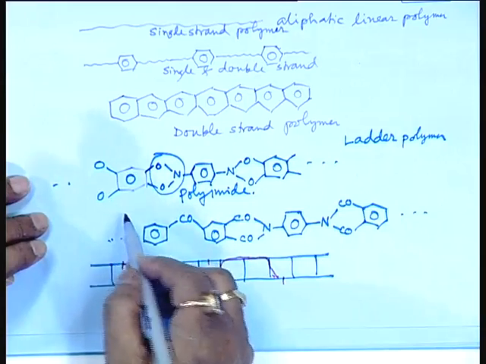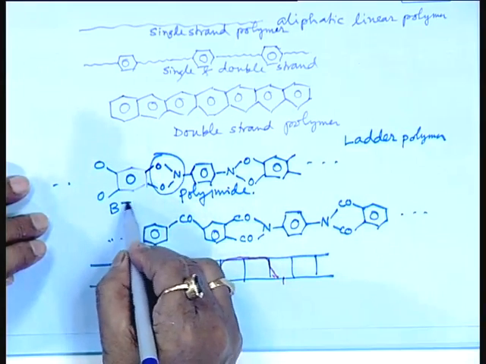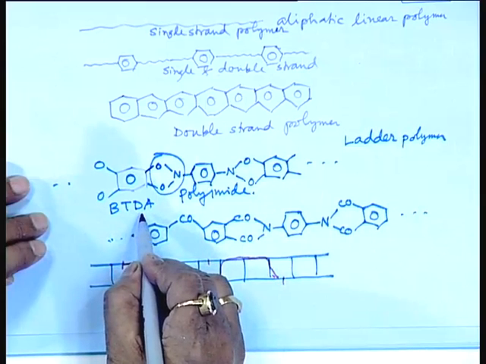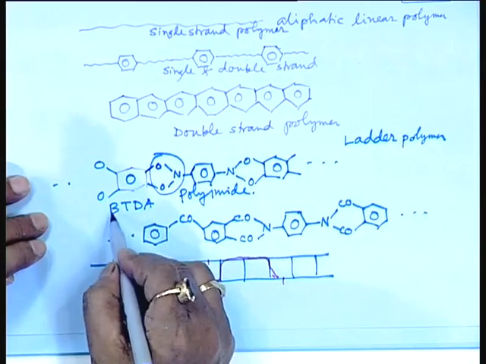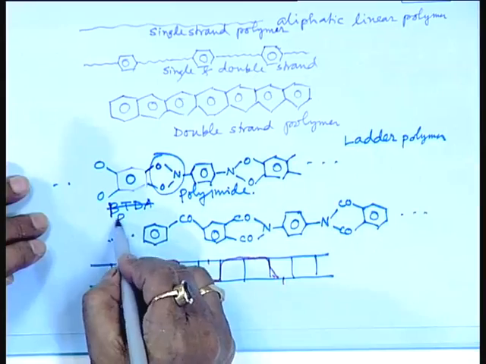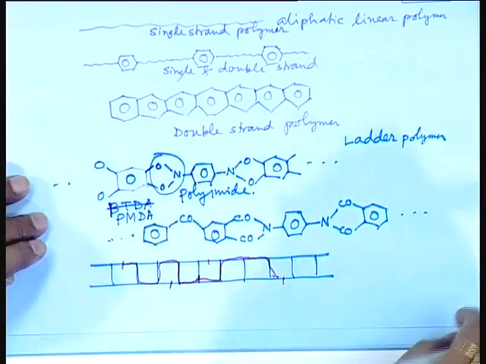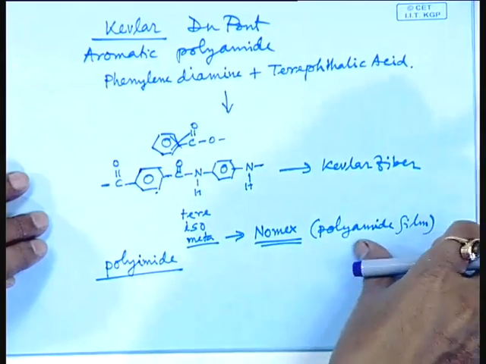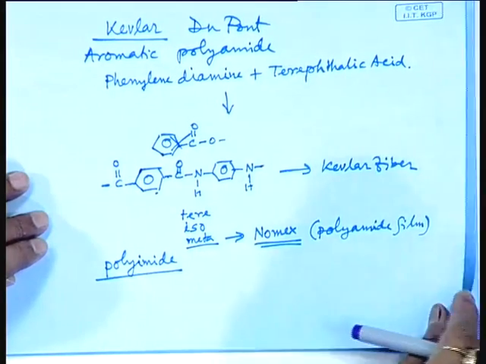Actually this is BTDA part, benzophenone tetracarboxylic dianhydride, sorry, PMDA, I am sorry, this is PMDA, pyromellitic dianhydride. So, one can take pyromellitic dianhydride or benzophenone tetracarboxylic dianhydride. These can be used for making high temperature resistant polymers, and their processability is difficult.